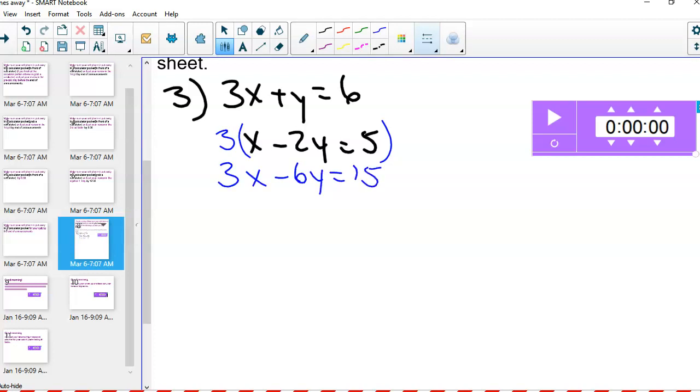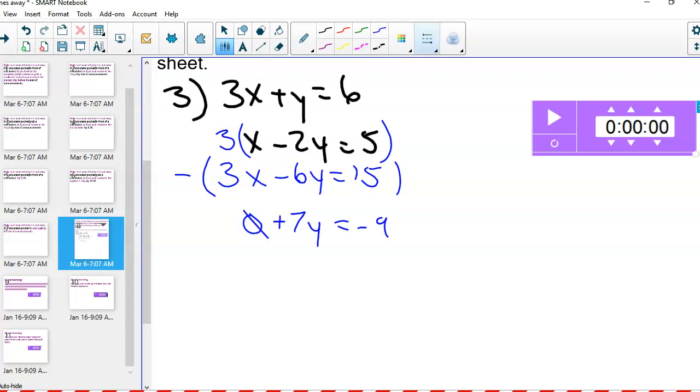If we are eliminating our x's, what operation would we do to get rid of them? Subtraction. So we are subtracting this equation from this equation. So this becomes 0. Y minus negative 6y is positive 7y. 6 minus 15 is negative 9.